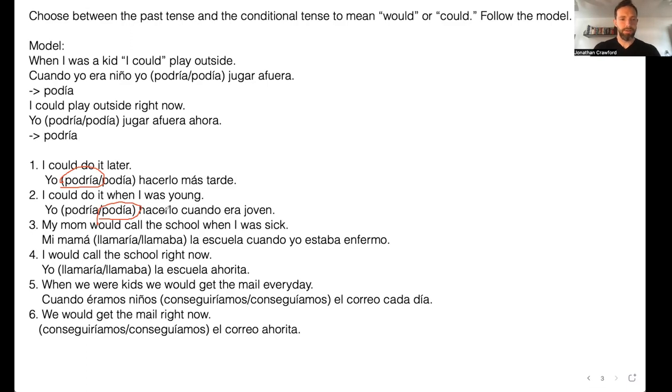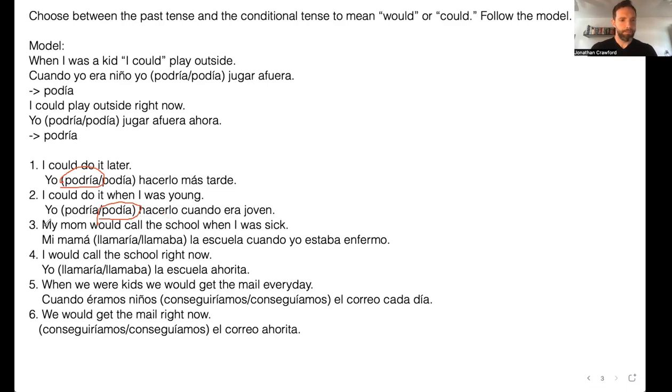This isn't part of what we're talking about, but I just want you to notice lo means it as a direct object pronoun, and it is attached to the end of hacer because hacer is in the infinitive form, so you can just attach it to the end. Cuando era joven, when I was young. Yo podía hacerlo cuando era joven. I could do it when I was young.